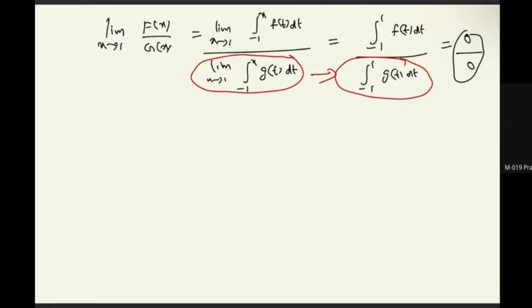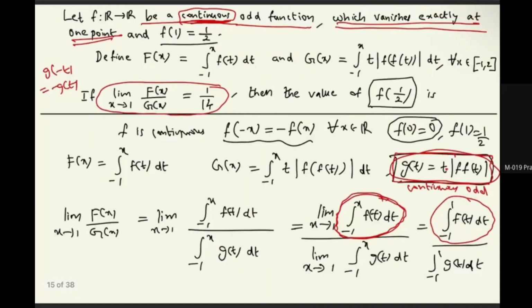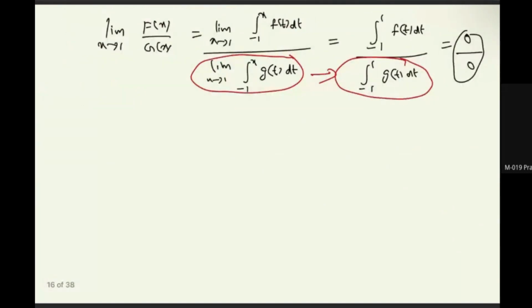Is it clear to everyone? We are using so many things, but most of the things you can get away with even if you don't know. But I'm just explaining each step. So now this is of the form 0 by 0. So what will you do? Differentiate denominator and numerator.